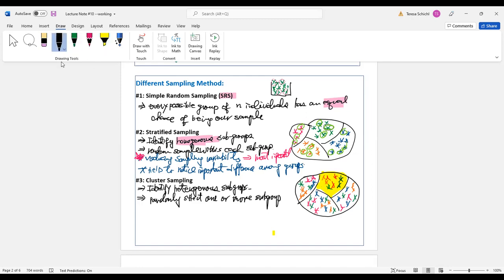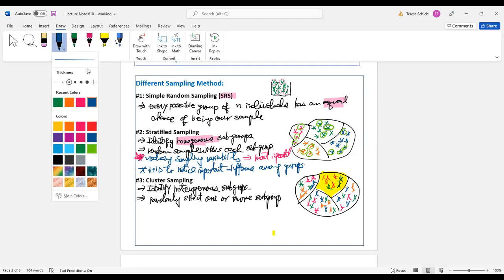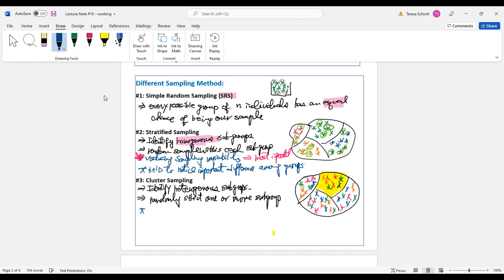So what is the biggest benefit of clusters? The biggest benefit here is convenience, practicality, and cost.